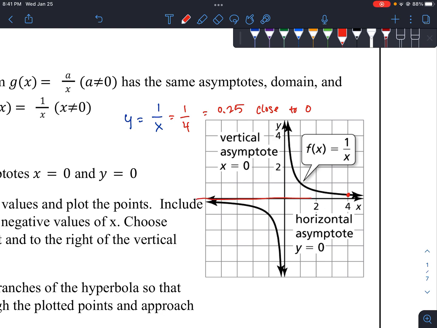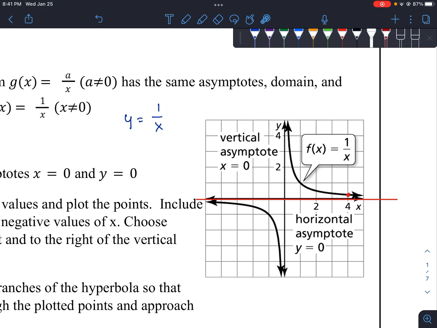That is why there is a horizontal asymptote as well: no matter the size of x, y will get close to 0, not equal to 0. That's why there's a horizontal and a vertical asymptote for rational functions.